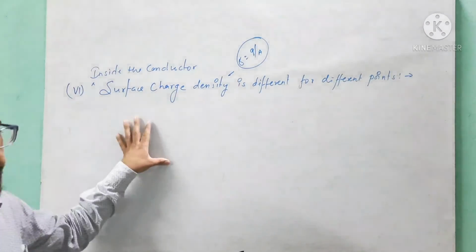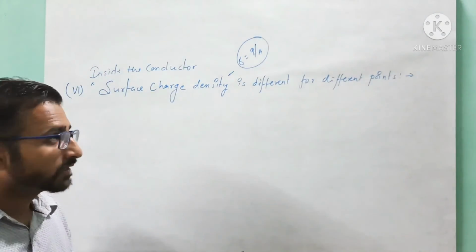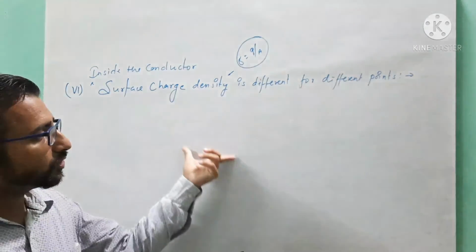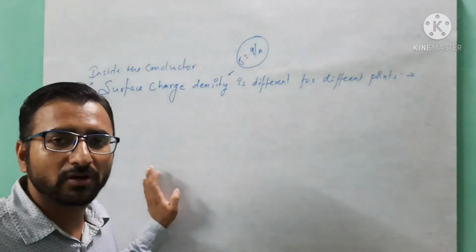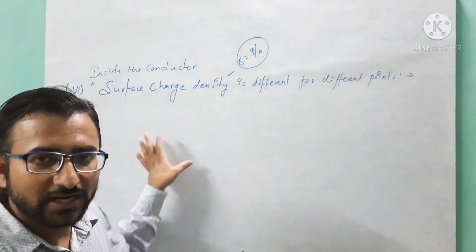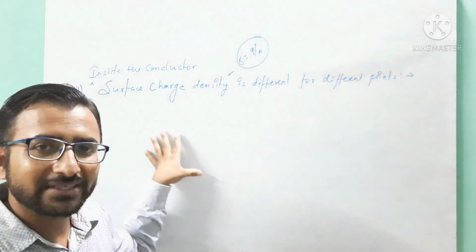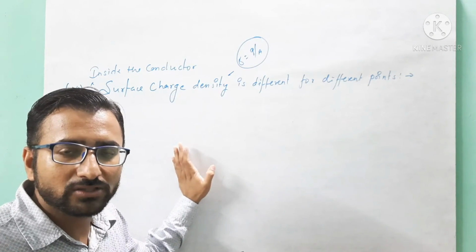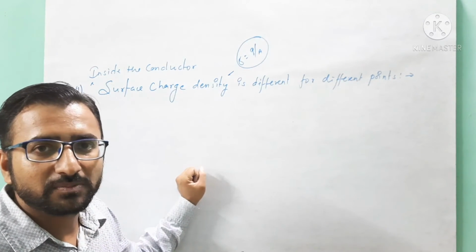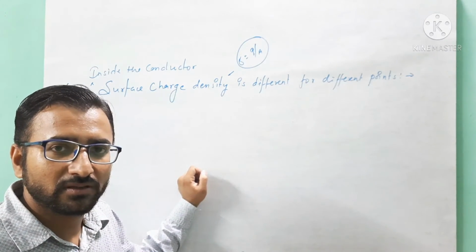When I place a conductor in an external electric field, then due to the flow of electrons from the negative terminal to the positive terminal of the conductor, the charges of the conductor rearrange, or you can say the rearrangement of charges in the conductor occurs. Because of this, the charge per unit area is different for different points.